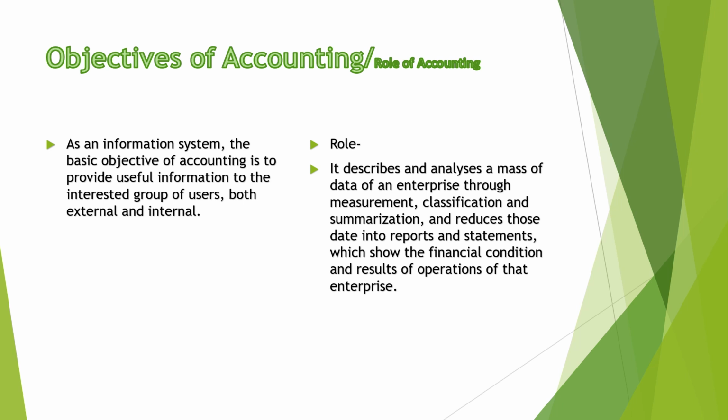The objective of accounting, and the role of accounting as an information system: the basic objective of accounting is to provide useful information to interested parties. Its role is to describe and analyze a mass of data of an enterprise through measurement, classification and summarization, and reduce those data into reports and convert them into financial statements, that is the trading and profit and loss account and the balance sheet. The trading and profit and loss account is prepared to know the performance of the business, and the balance sheet to know the financial position.